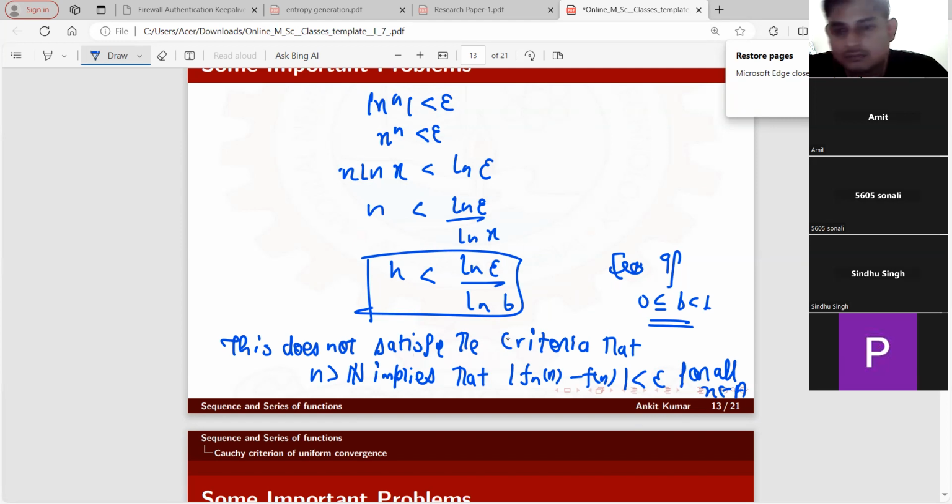So this function does not satisfy the criterion of uniform convergence. That is why this sequence does not converge uniformly.